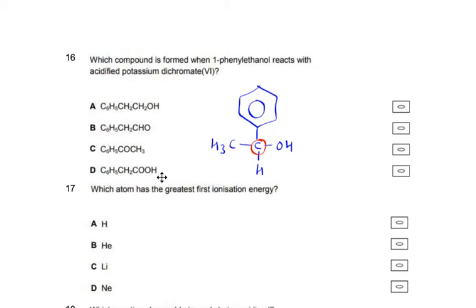Secondary alcohols are oxidized by acidified potassium dichromate to ketones. So you just have to look down the list of compounds to identify the one that is a ketone. And the correct answer is C. A is a primary alcohol, B is an aldehyde, and D is a carboxylic acid.